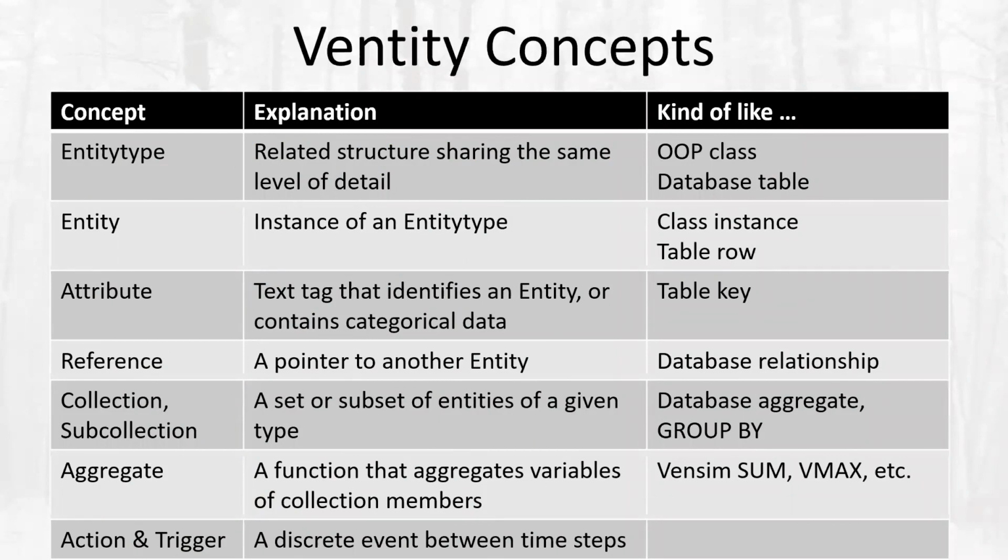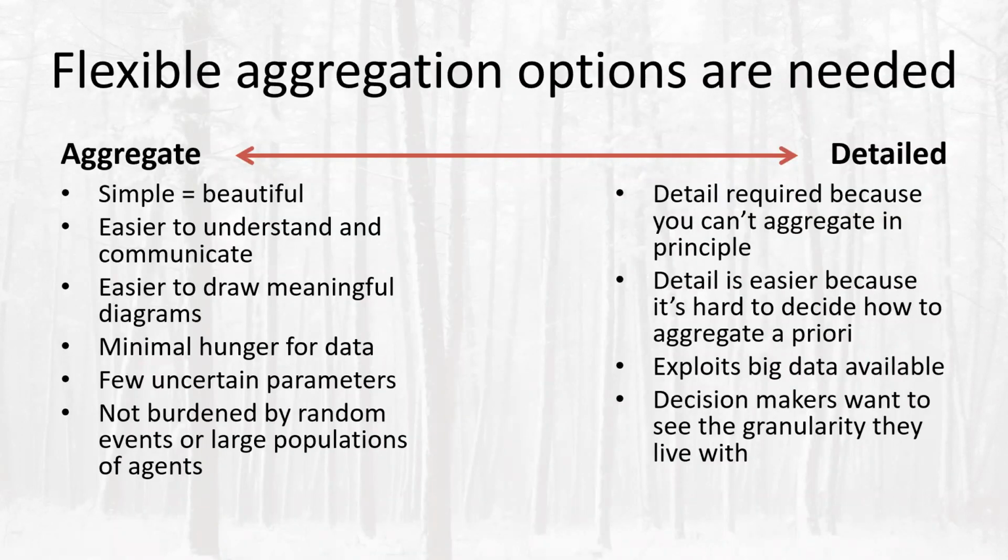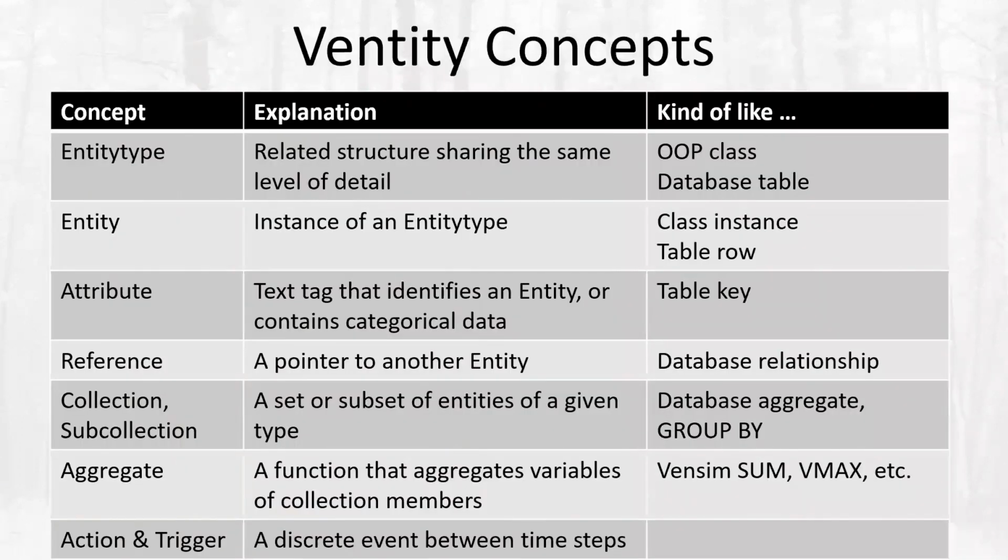So I'll show you in a minute a bunch of models that are kind of at different locations on this spectrum, but using very similar representations. As I do that, here's some things to watch out for. When we built Ventity, we found that we had to introduce some new concepts.